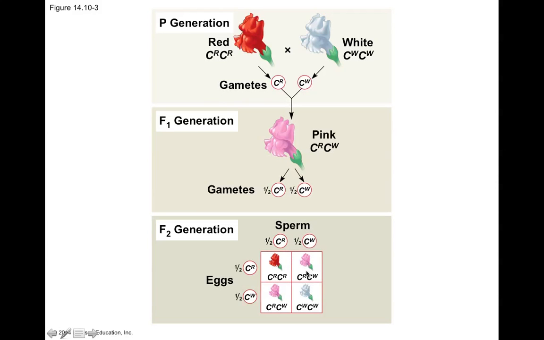And this is not truly blending because we only have 3 character states. It's not that we can cross pink and white and get a lighter shade of pink, or cross pink and red and get a darker shade of pink.